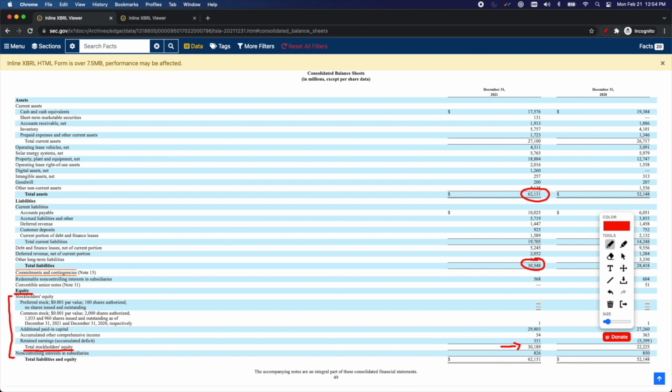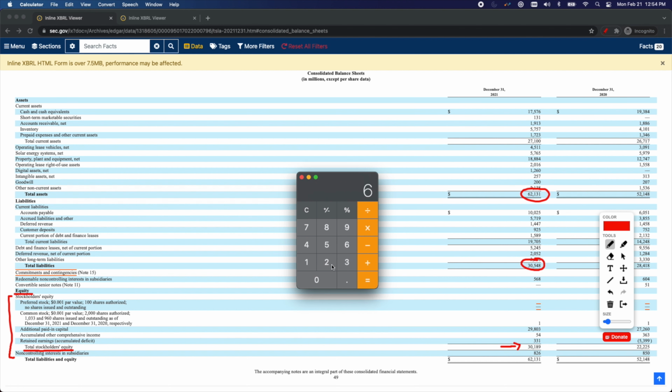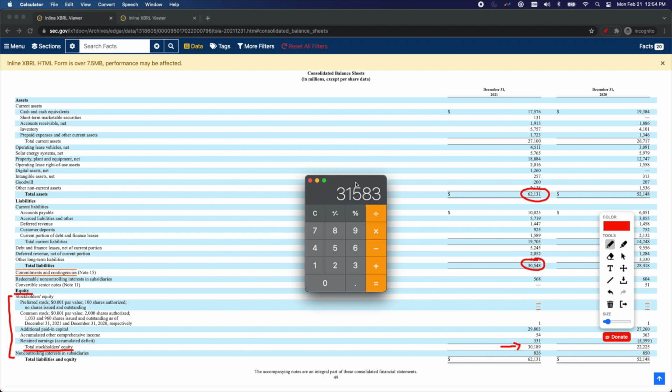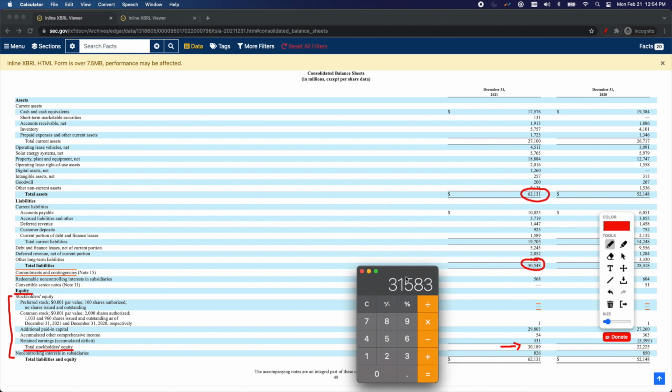Now, I was doing this calculation earlier, because if you subtract total liabilities from total assets, you get $31.583 billion, which is obviously not the same as 30.189.